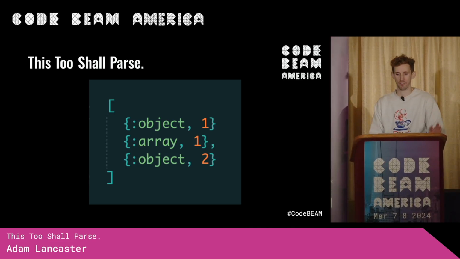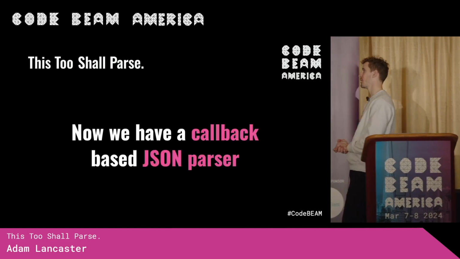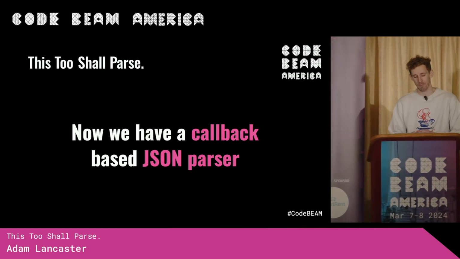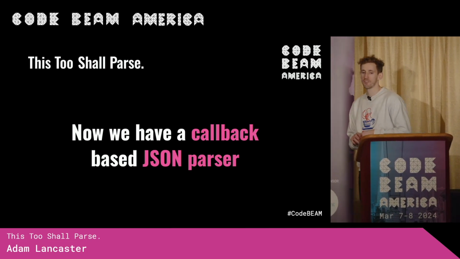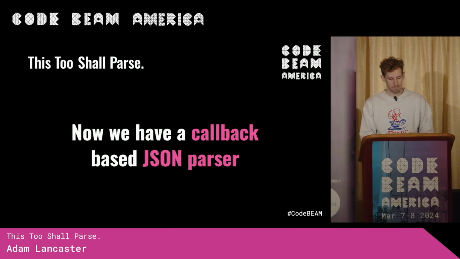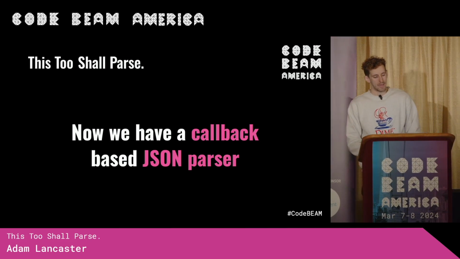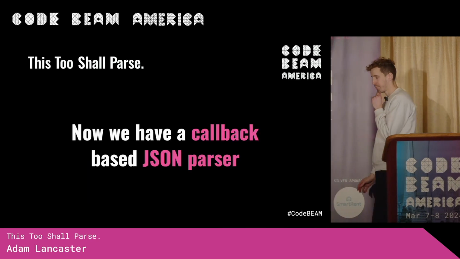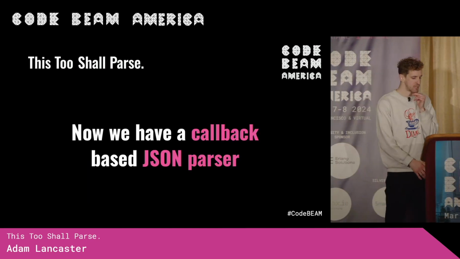I don't know if it actually does though, but it's kind of cool. Anyway, so I wrote this. We have a JSON callback-based parser that emits start and end indexes for values that you might care about, right? And yeah, we have nice errors in that, which have some interesting implications.